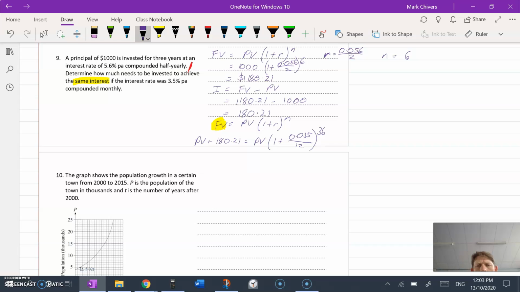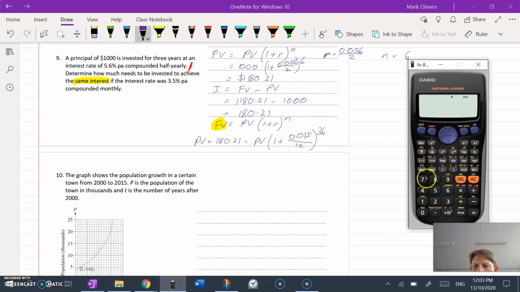Now, the next step I did here was to actually work out what all of this stuff on the right-hand side is, with this 1 plus 0.035 over 12 to the power of 36. I thought, well, let's just work that out. So let's put that into our calculator. 1 plus, open a fraction, 0.035 over 12, close the brackets, and we go to the power of 36.